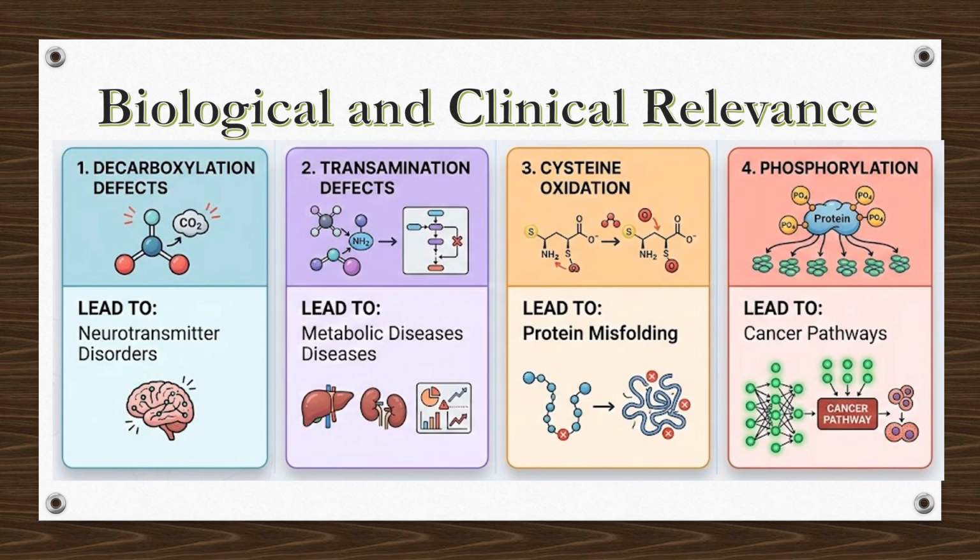Impaired glutamate decarboxylation reduces GABA, leading to seizures, as seen in pyridoxine-dependent epilepsy. Clinically, drugs like carbidopa exploit this chemistry by blocking dopamine formation outside the brain, ensuring more L-dopa reaches the brain in Parkinson's therapy.